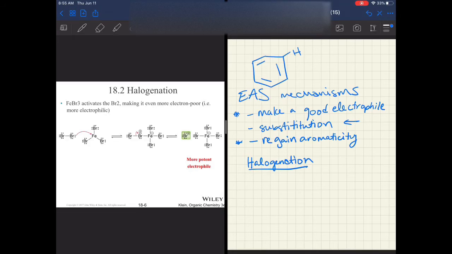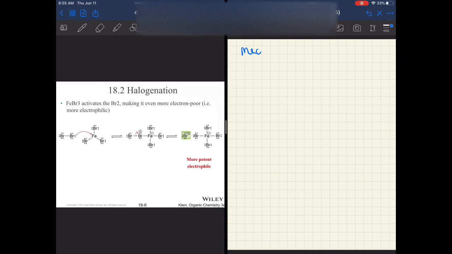So if we think about this reaction, and we're going to do the mechanism on the next slide, we're going to take benzene and treat with Br2 and FeBr3. This is the first set of reagents that you need to memorize. The product that we are trying to make is bromobenzene. So let's jump into the mechanism.